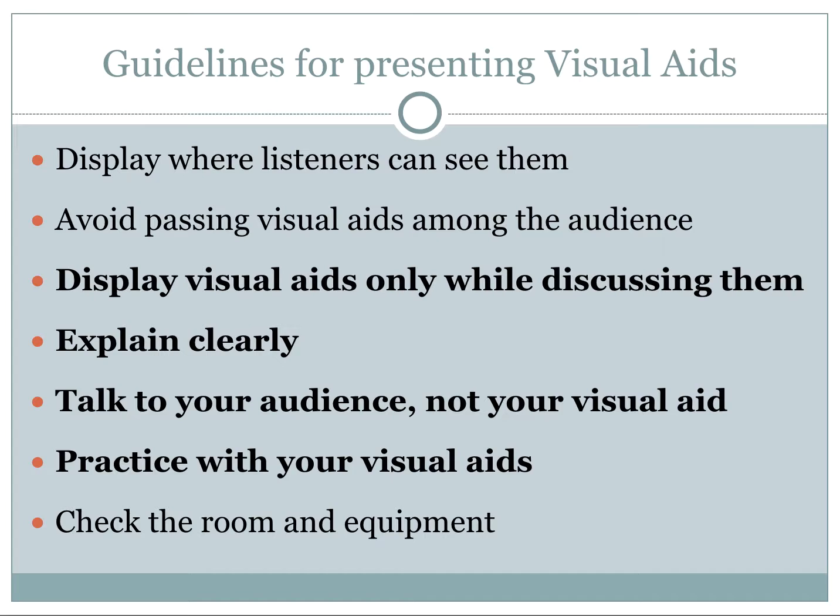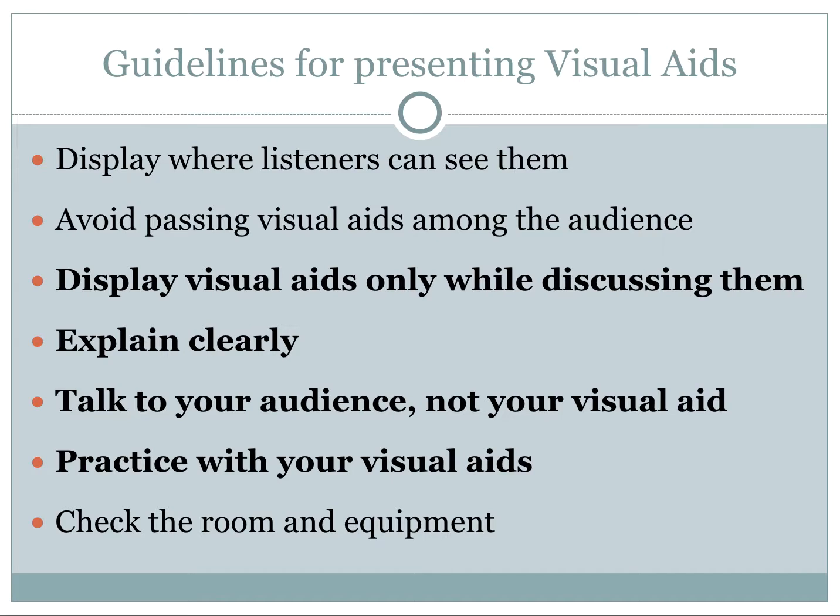Audience member 2 is still not paying attention to you, because they're too busy being distracted with the visual aid. And now audience member 3 is doing what audience member 2 was doing, which is not paying attention to you in anticipation for the visual aid.